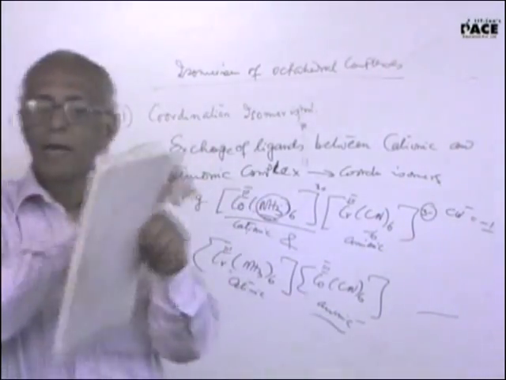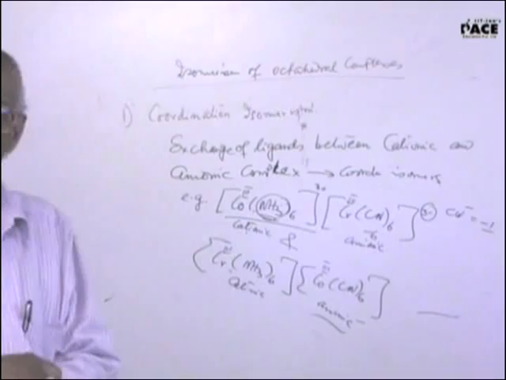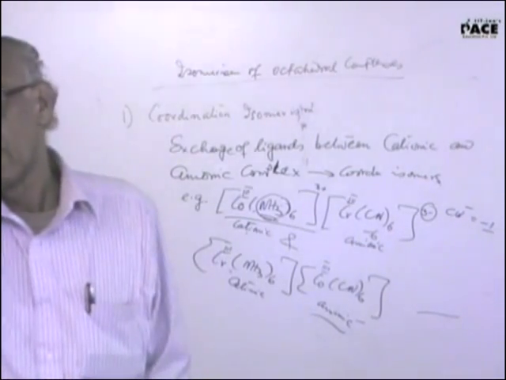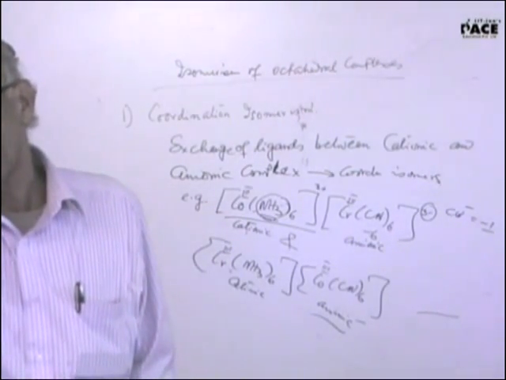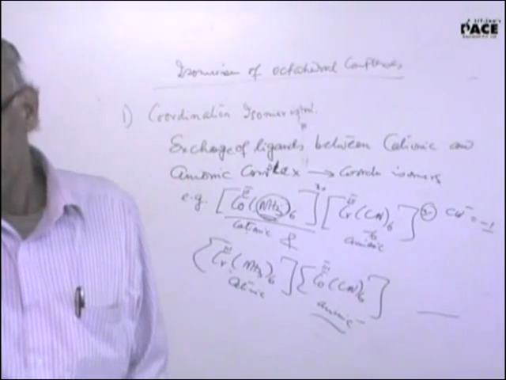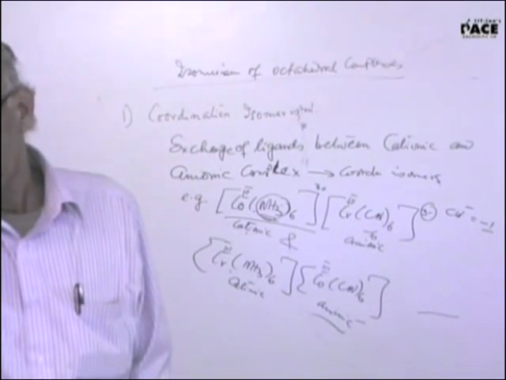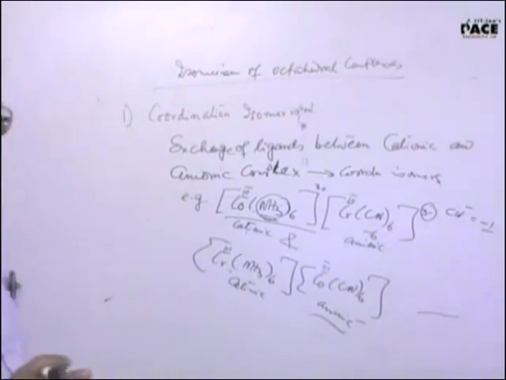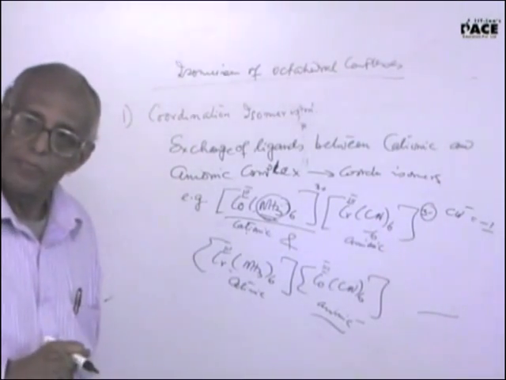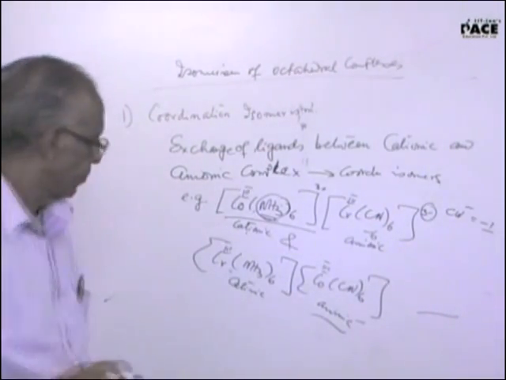So the ligands have exchanged between the cationic and the anionic complex. That leads to coordination isomers. Is it clear? Yes, sir.